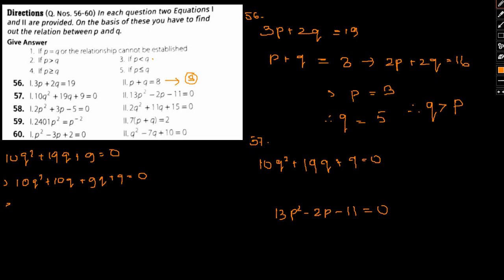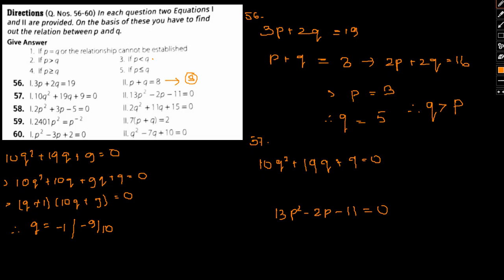That is, we can have q plus 1 and 10q plus 9 equal to 0. So therefore q equal to minus 1 and minus 9 by 10. Okay, so this is the value of q.